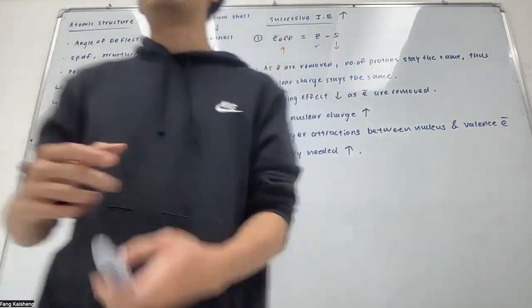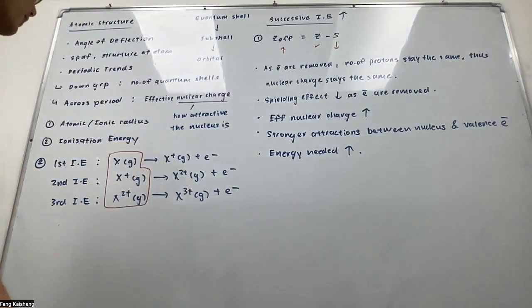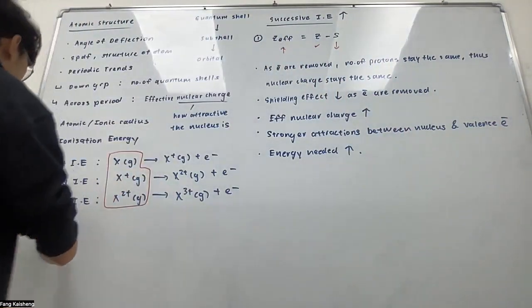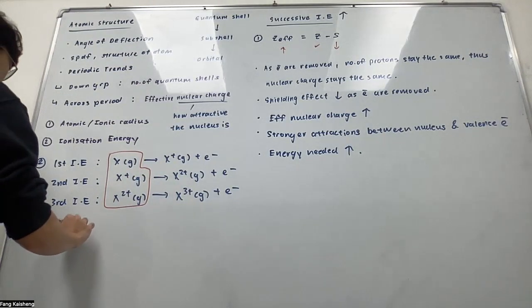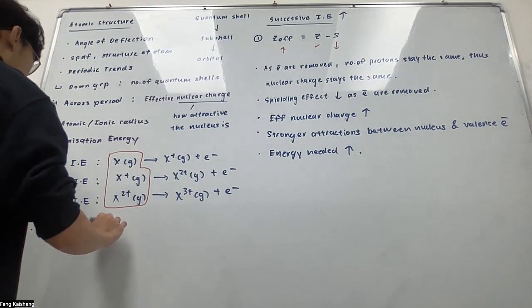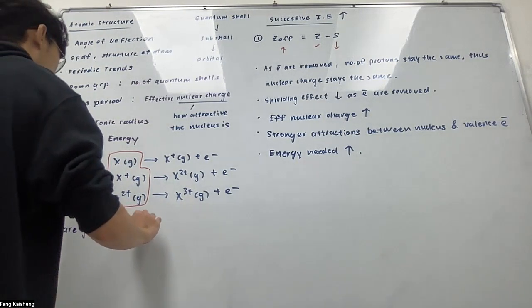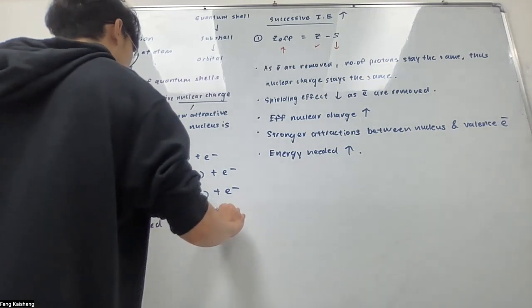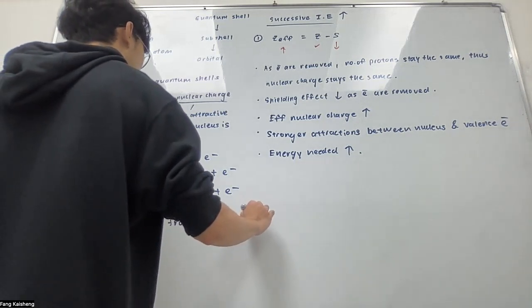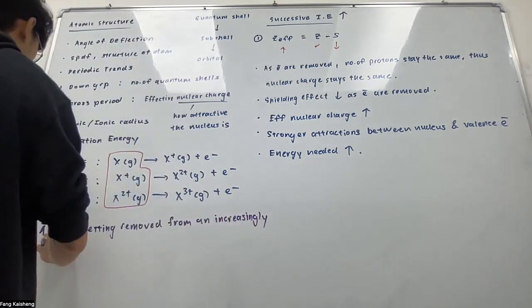We'll look at how to phrase the answer. Okay, so take a look. Over here, you can just say, electrons are getting removed from an increasingly positively charged species.